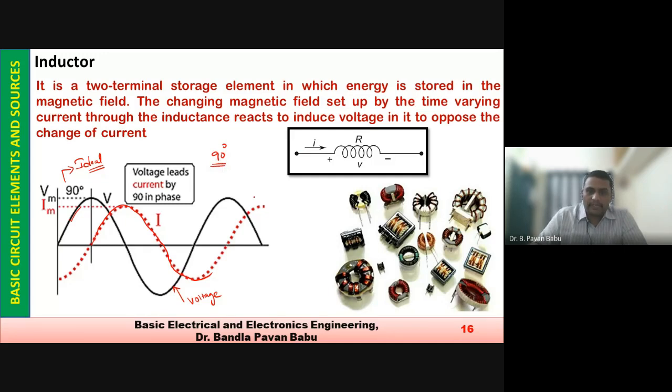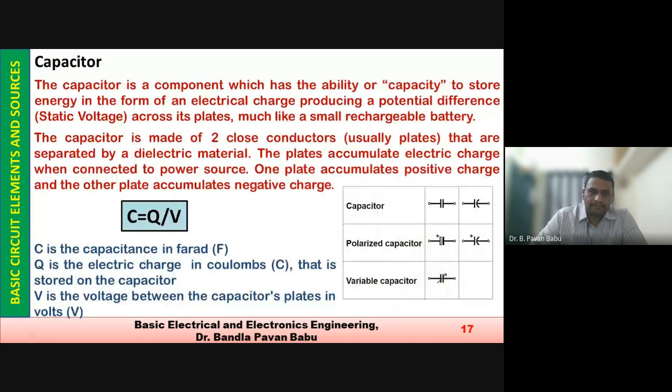Coming to the capacitor, let me draw it. In case of a capacitor, suppose this is the applied voltage, the voltage applied across the capacitor. The current will be leading there.